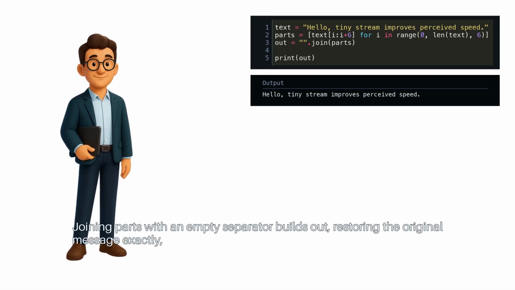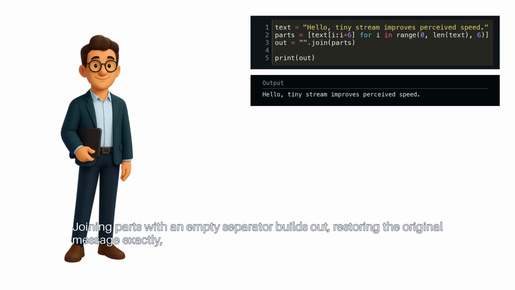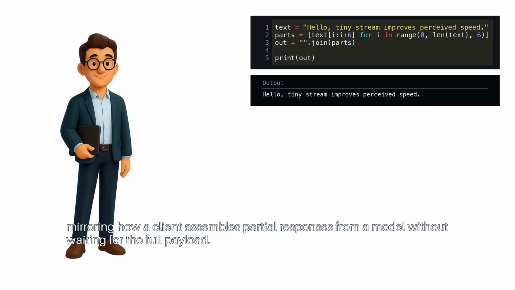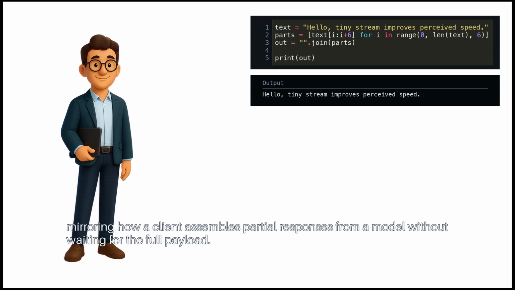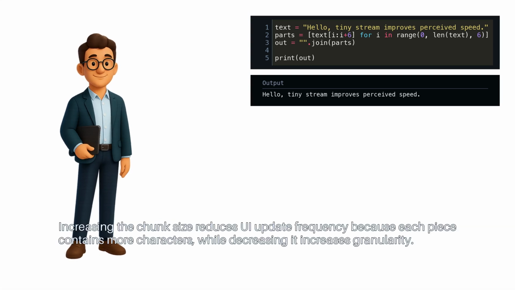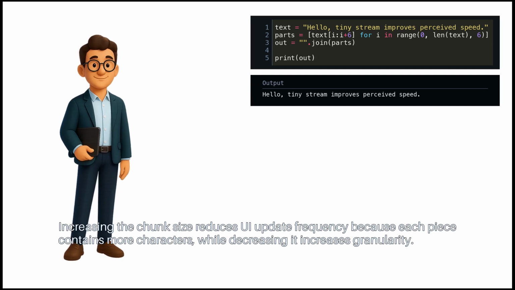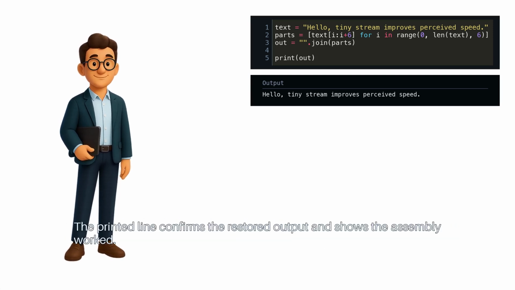Joining parts with an empty separator builds out, restoring the original message exactly, mirroring how a client assembles partial responses from a model without waiting for the full payload. Increasing the chunk size reduces UI update frequency because each piece contains more characters, while decreasing it increases granularity. The printed line confirms the restored output and shows the assembly worked.